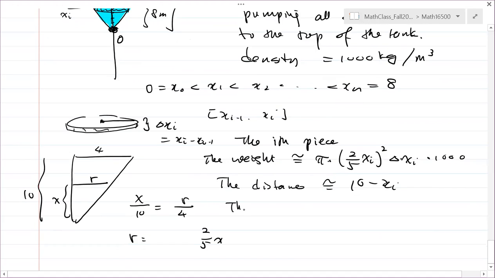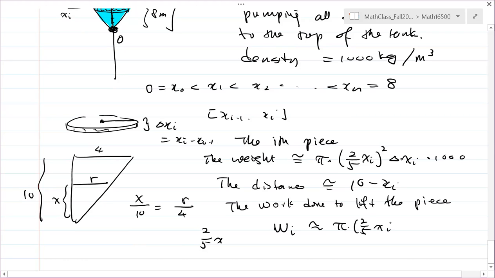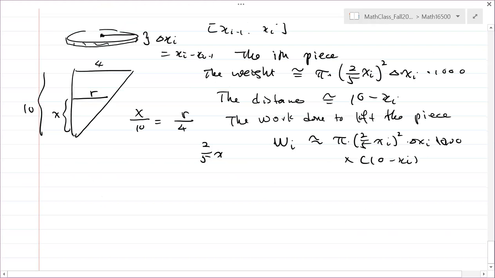Then the work done to lift the ice piece, right, is going to be the product. So pi 2 over 5 xi squared delta xi times 1,000, and times 10 minus xi. Great. All right. Once you finish that, the rest of it is simple.